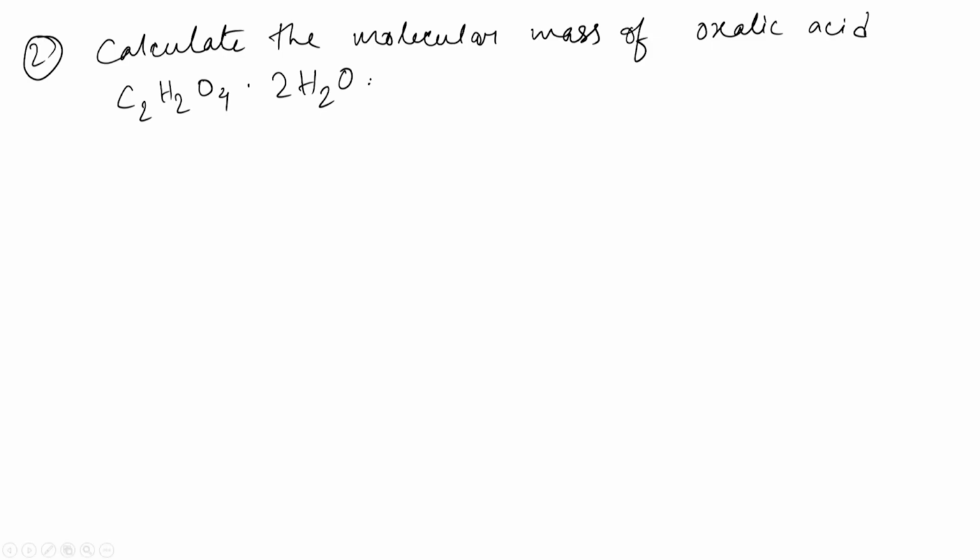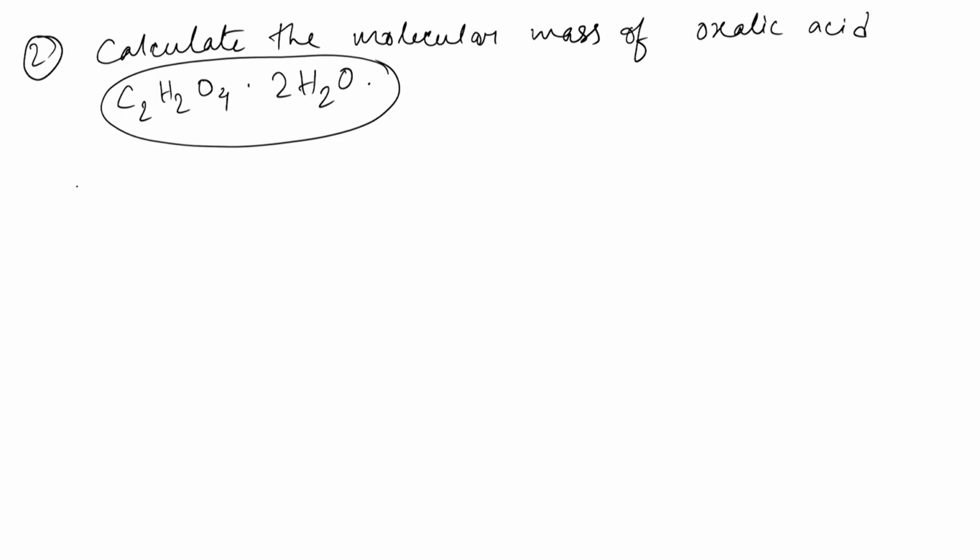Okay. So, for some molecules such as the oxalic acid or even some salts like copper sulfate, zinc sulfate, etc., some amount of water is attached to it, some molecules of water. So, for this molecular mass, we will have to consider the mass of water as well.